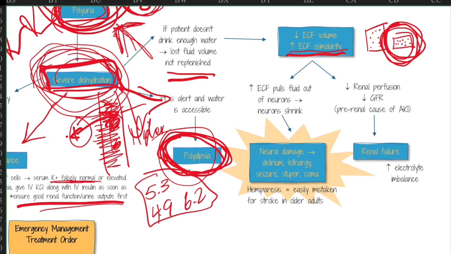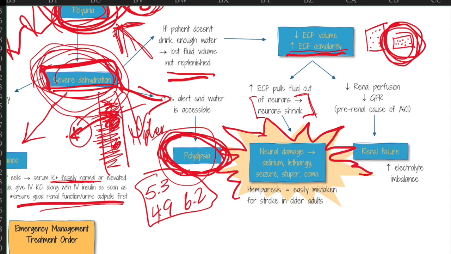It pulls fluids, especially out of neurons, and the neurons begin to shrink. And what actually happens here, and there's a reason I drew this giant box around this, is your hallmark symptom. This is the thing that's going to tell you on a test that we're talking about HHS and not DKA.